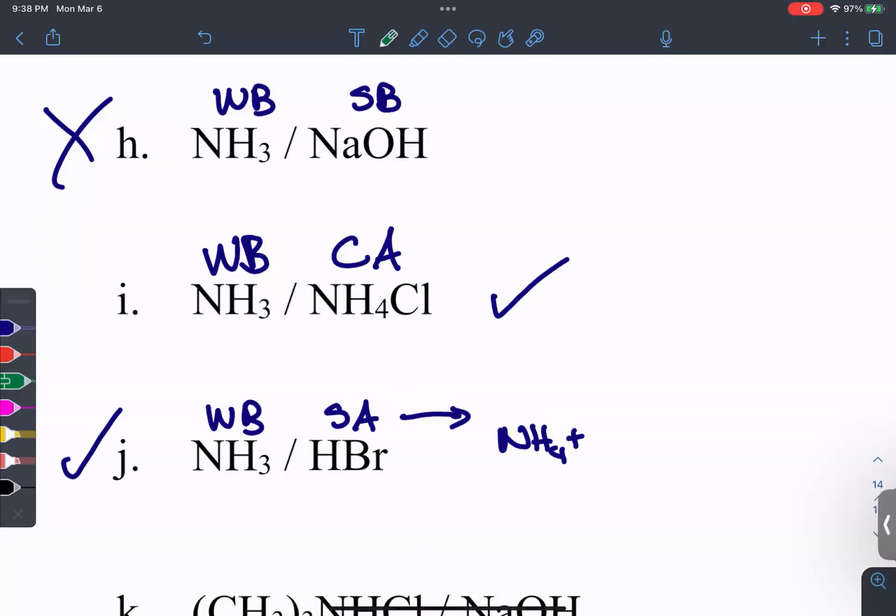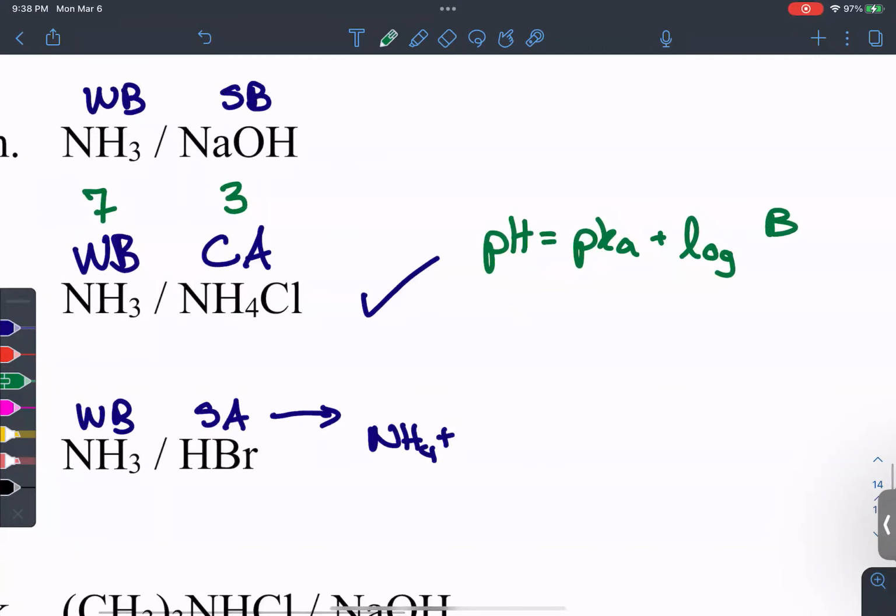So if I have 7 millimoles of ammonia, and I have 3 millimoles of ammonium, and I do the pH equals pKa plus log base over acid.